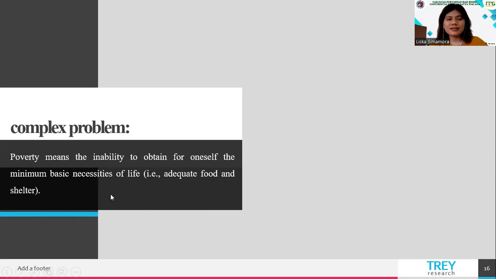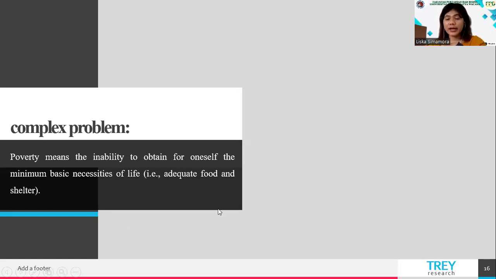But for a complex problem, the variable does not have to be one; they have specified two, three, but they don't say three or more. The poverty means just this one variable, the inability to obtain for oneself the minimum basic necessities of life.